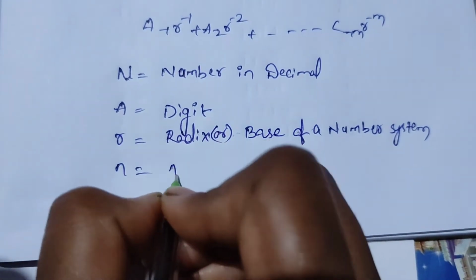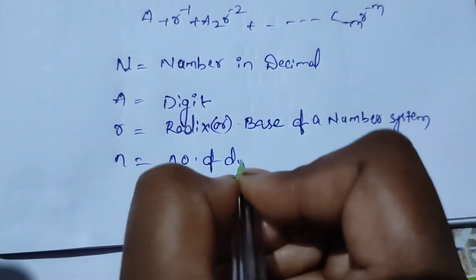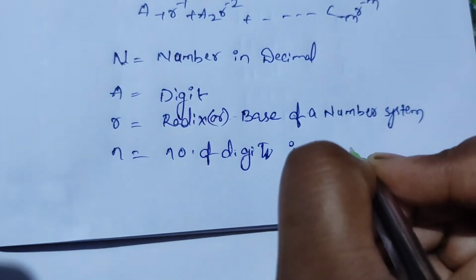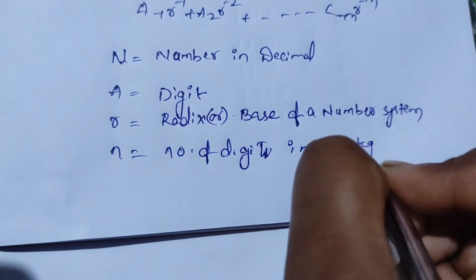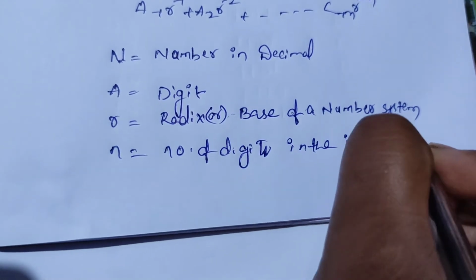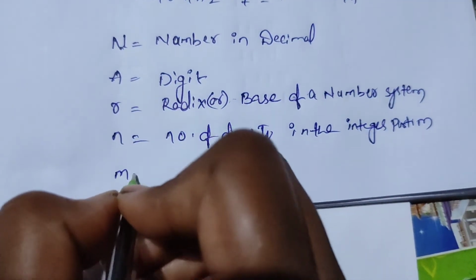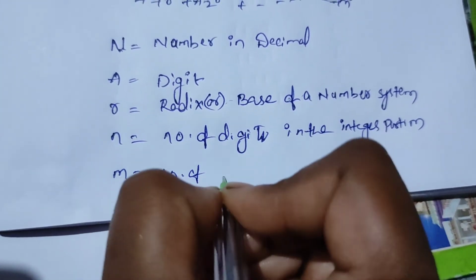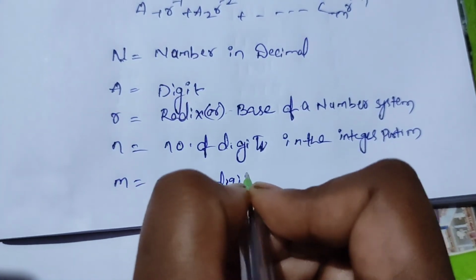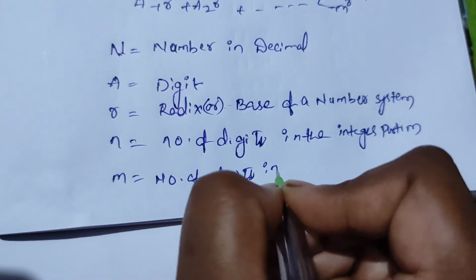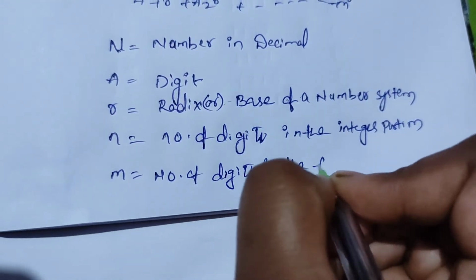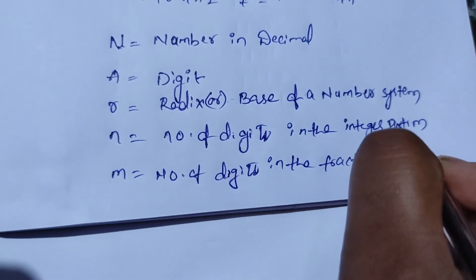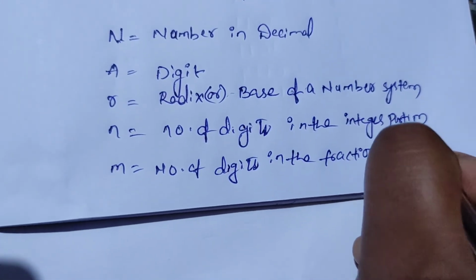Whereas n is equal to the number of digits in the integer part, not in the fraction. So in the example you will be having integer and fractions. So it is the number of integer digits, whereas m is equal to the number of digits in the fraction part. So this is the formula to convert any radix number to a decimal number.